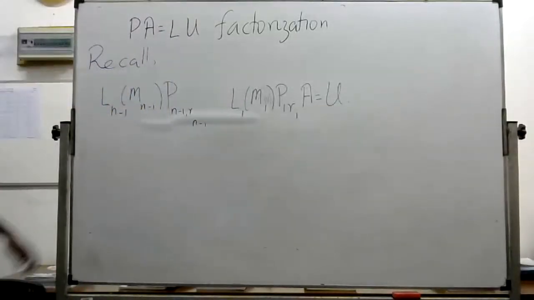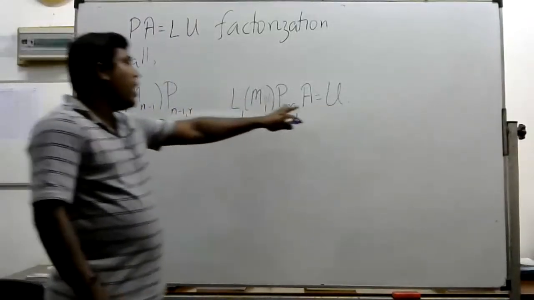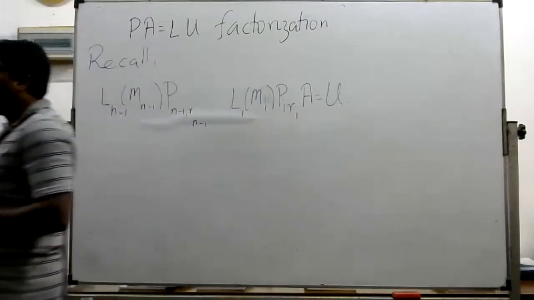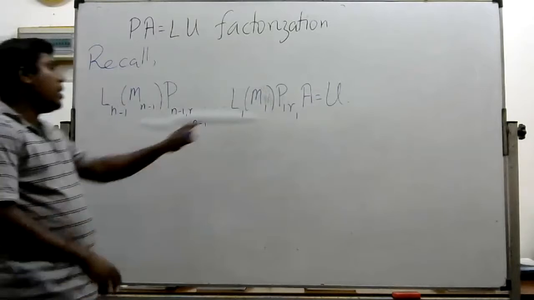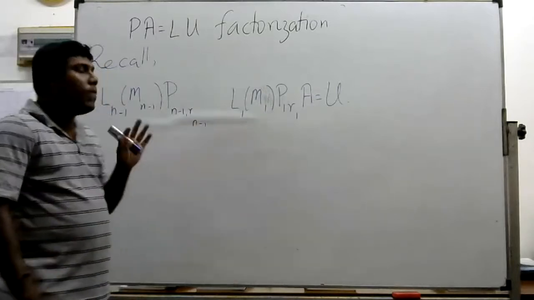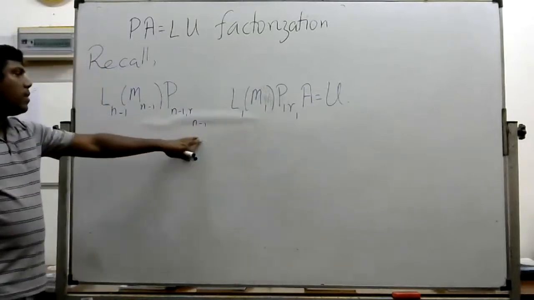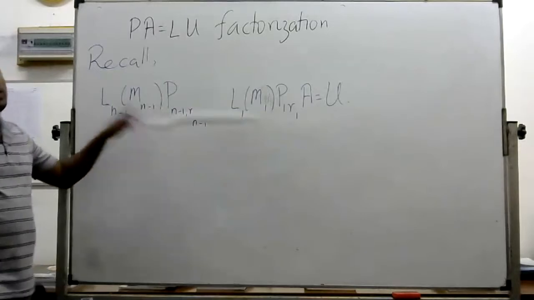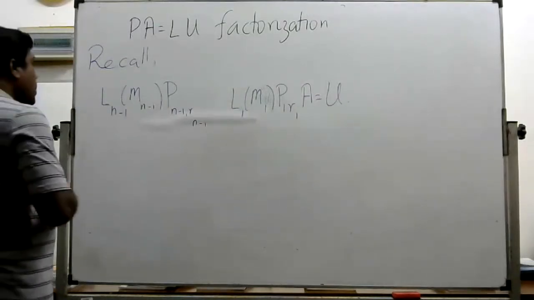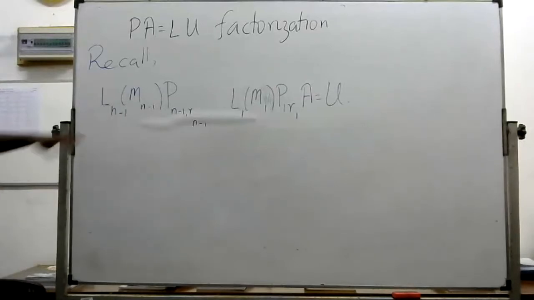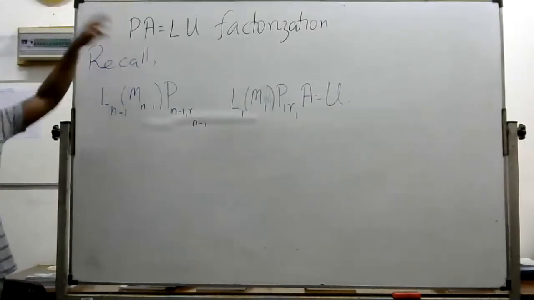So when we have a matrix A, we can find elementary permutation matrices P1 R1, and then elementary lower triangular matrix L1 M1, and so up to Pn minus 1 Rn minus 1, up to elementary lower triangular matrix Ln minus 1 Mn minus 1, and when you multiply all of them in front of A, you get an upper triangular matrix, right? So from this, we want to get to a factorization like this.